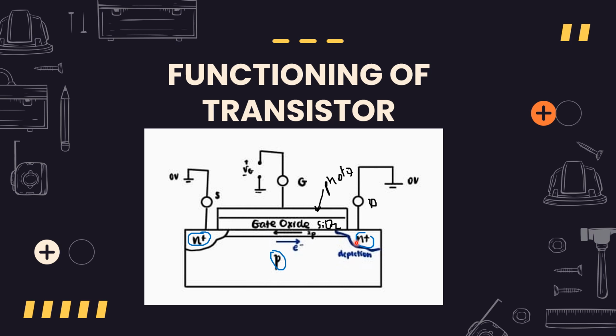So the basic idea here is that when there is no voltage in the gate, there is no flow of electrons between the p-type and n-type because the depletion region acts as a barrier.